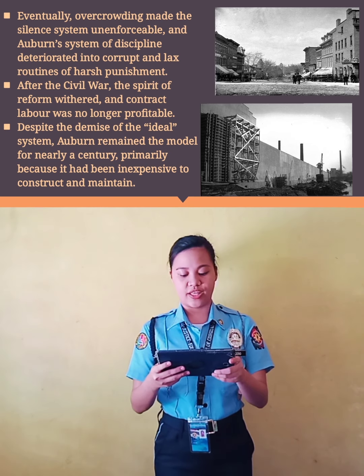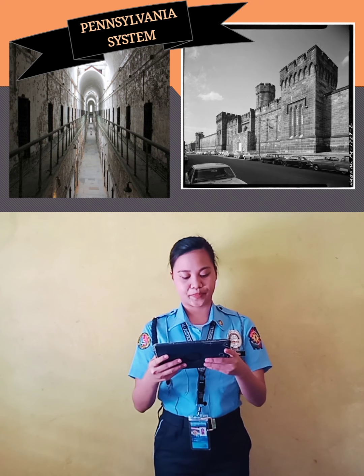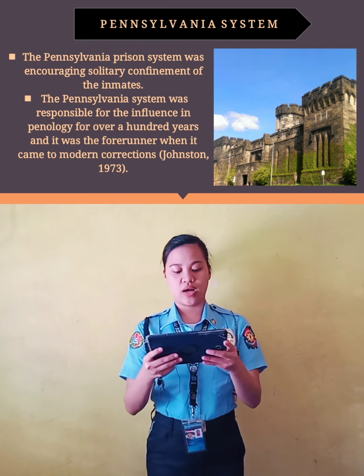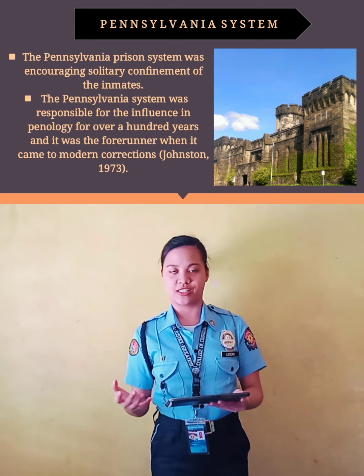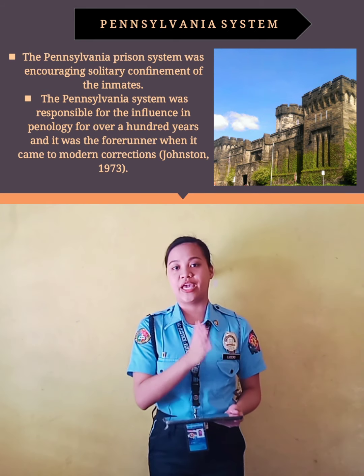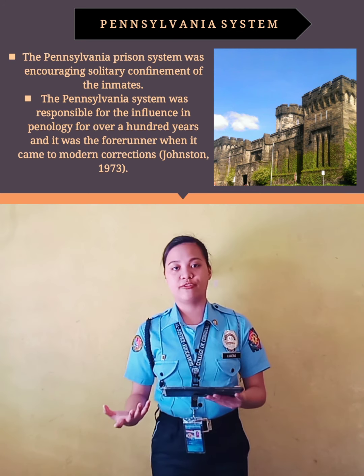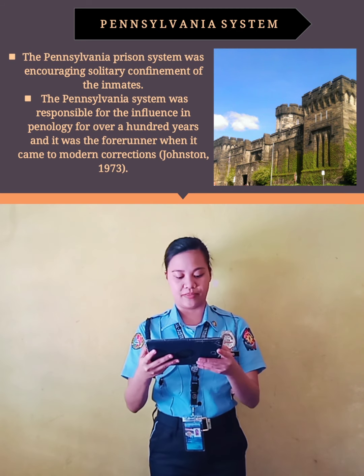Now we have the third, which is the Pennsylvania system. The Pennsylvania prison system encouraged solitary confinement of inmates. The Auburn system used congregated prison cells, while here in the Pennsylvania system, they use solitary confinement for inmates.